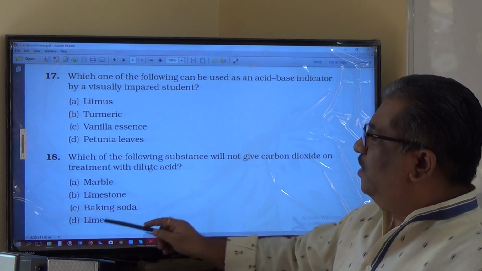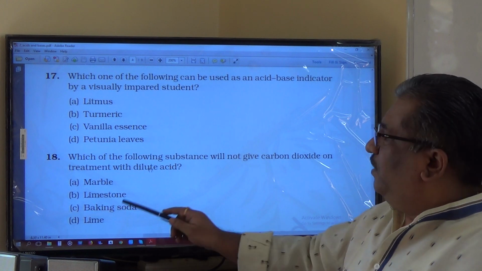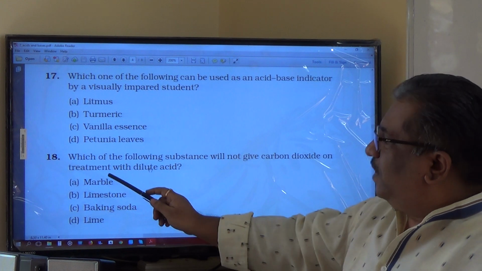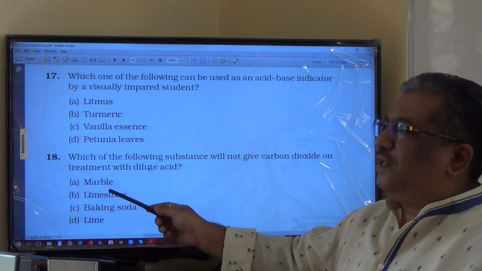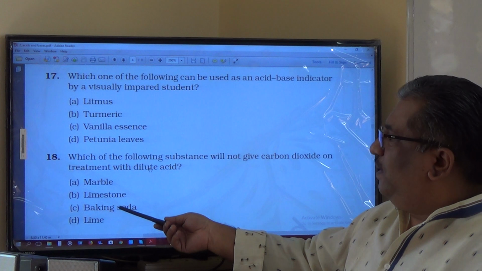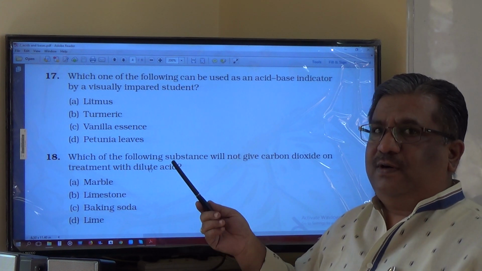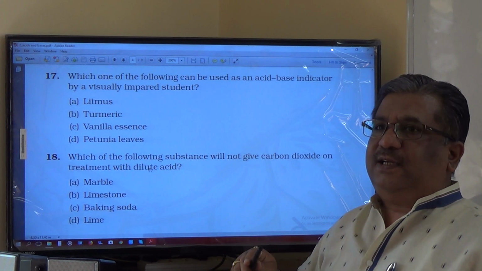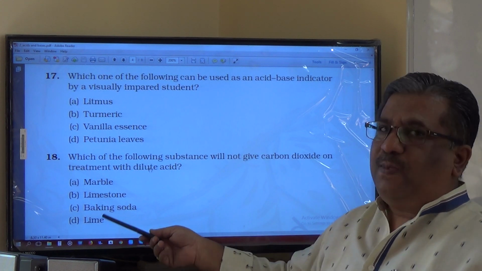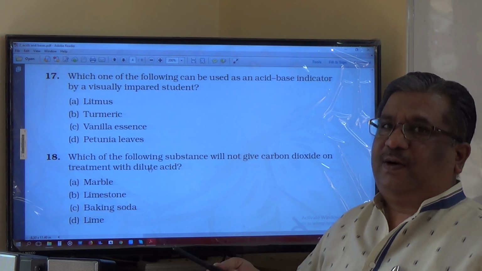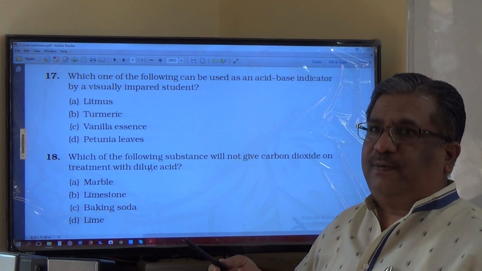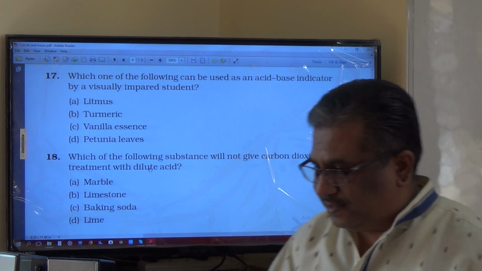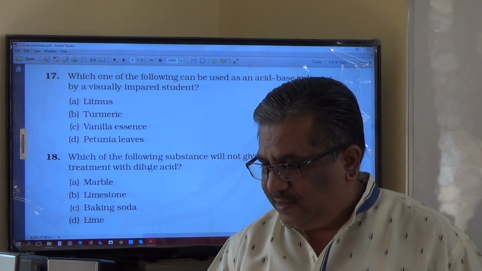So lime is the one which is calcium hydroxide solution, and therefore lime will not give you carbon dioxide on treatment with acid, whereas marble and limestone, which are nothing but calcium carbonate, will give you CO2 gas. And baking soda is sodium hydrogen carbonate, that also gives CO2 gas with acid. Lime water means calcium hydroxide solution. It will not give the CO2 gas. So answer is D.